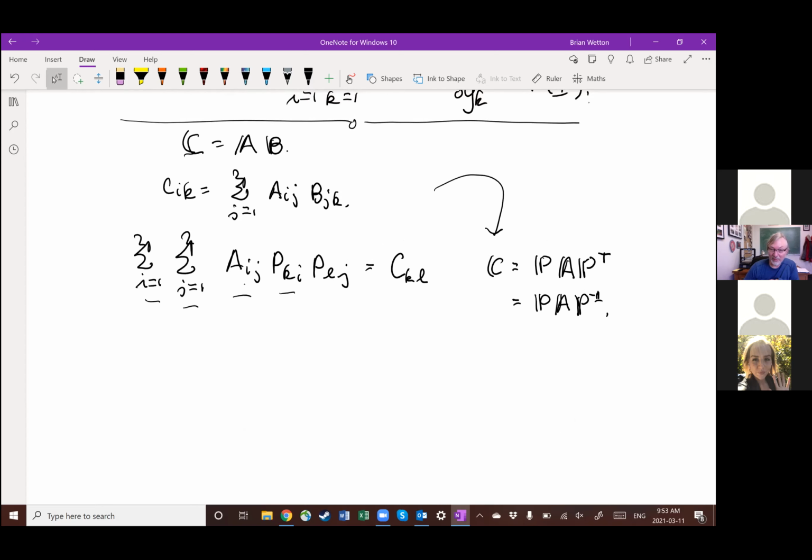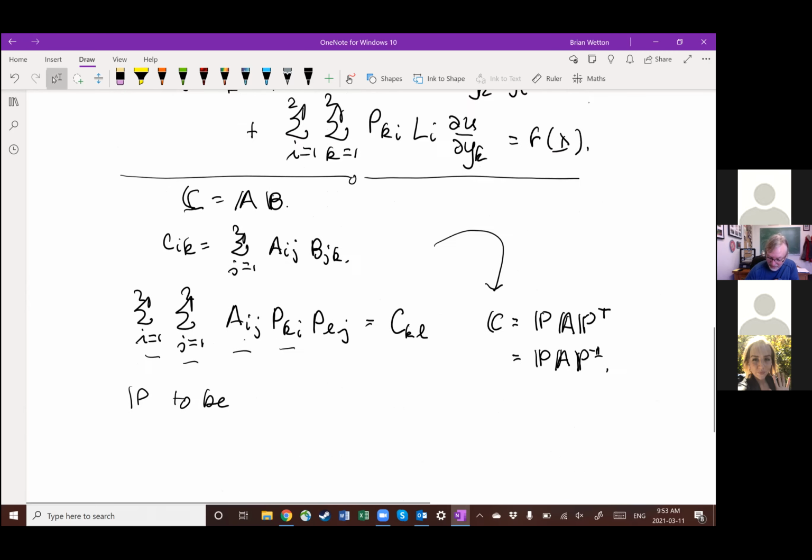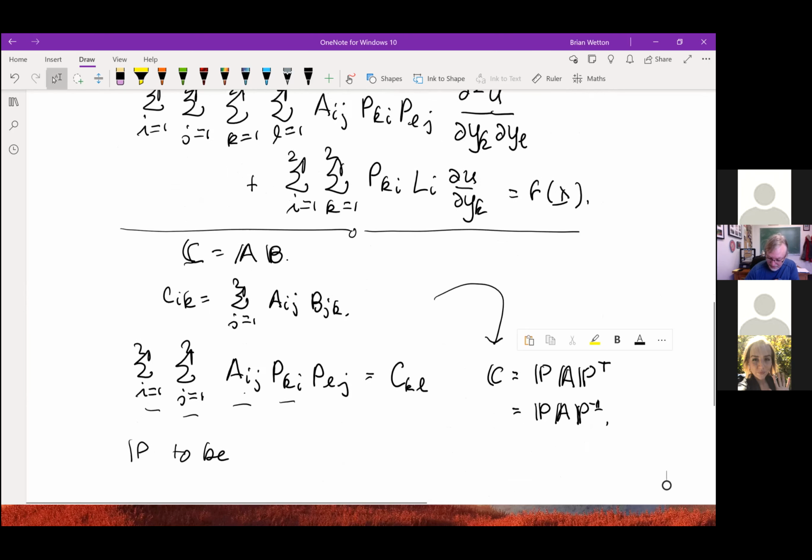So now this is where we're going to use the fact that A is symmetric. The matrix P is telling us the coordinate transformation we're using in the PDE, right?